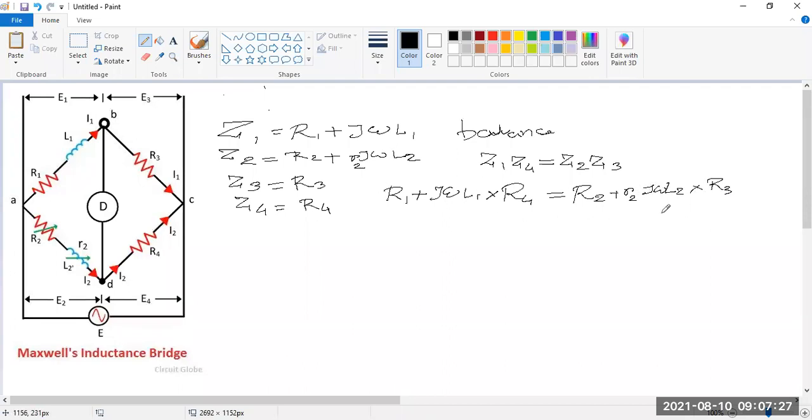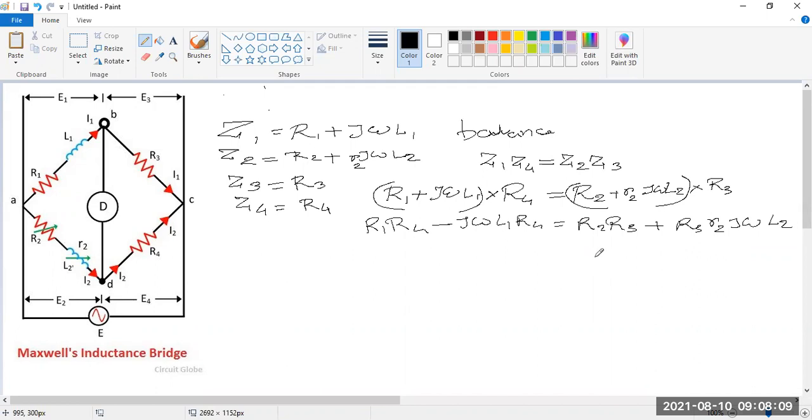If we multiply this, we get R1 R4 plus j omega L1 R4 equals R2 R3 plus R3 small r2 plus j omega L2 R3.